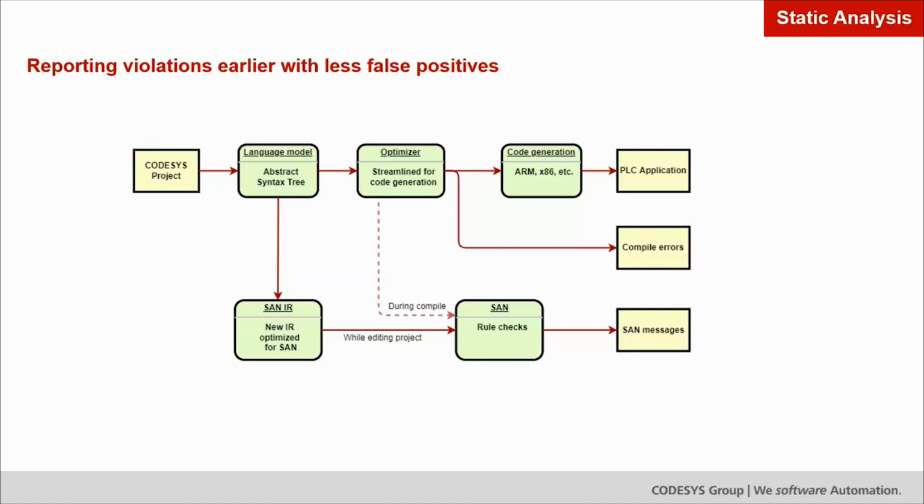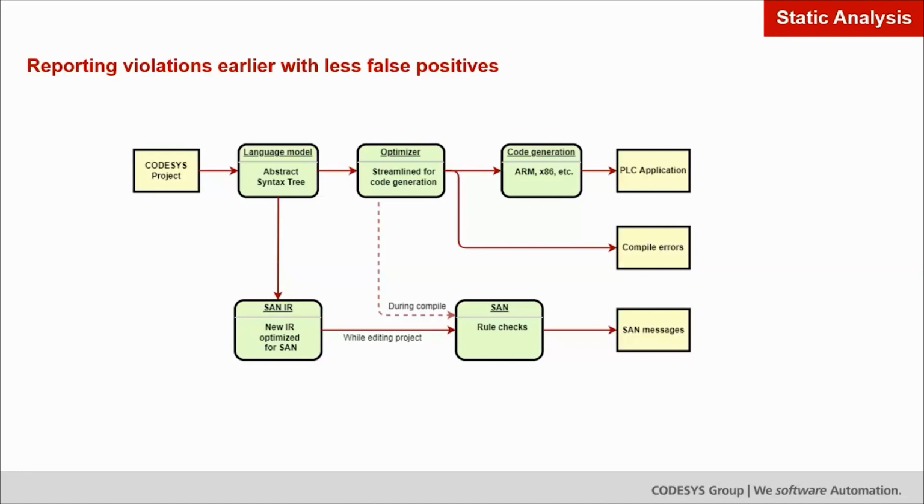The Sun rule checks were also based on the same internal representation which we use for checking compile errors. But over the years, it showed that the use case of the static analysis rule checks is different from code generation, and certain information is not presented in an optimal way, or is sometimes even missing because it is not relevant for code generation, but would still be relevant for the static analysis rule checks.